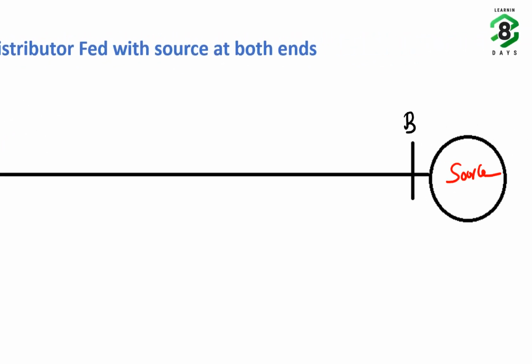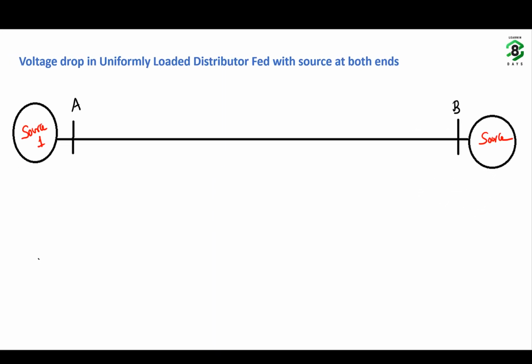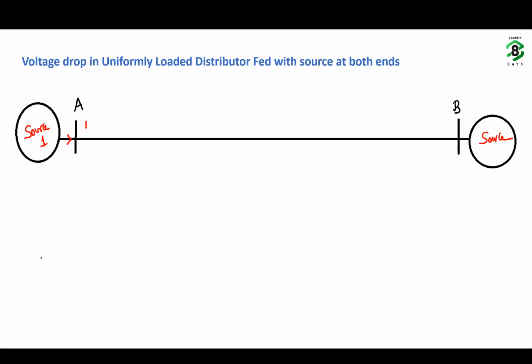Out of the total current, I by 2 will flow from source 1 and half of the current, I by 2, will flow from source 2, and both these currents will become 0 at the midpoint M. So source 1 will feed half of the distributor from A to M, and source 2 will feed the other half from B to M. Both currents become 0 at the midpoint.